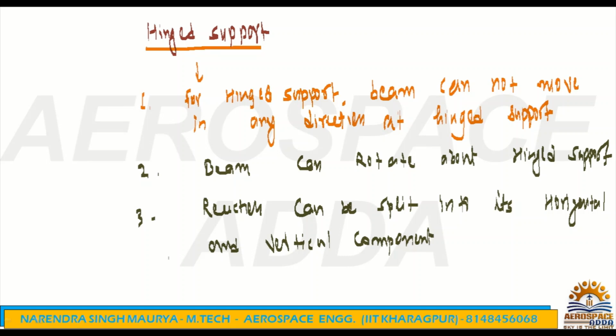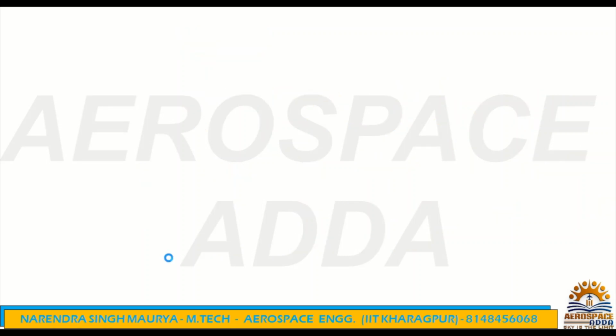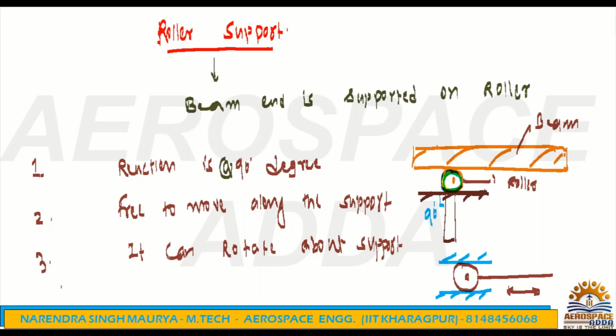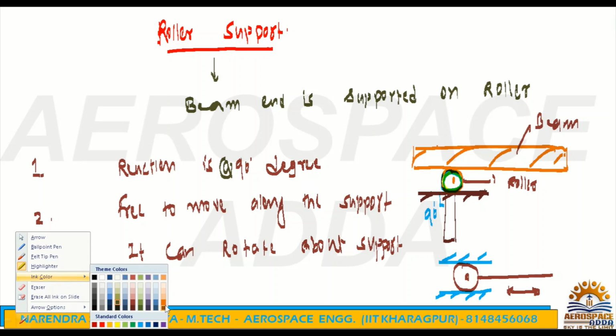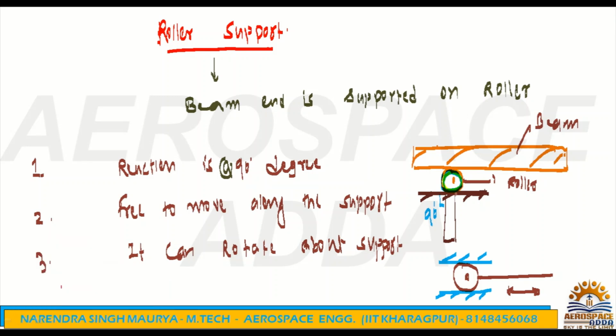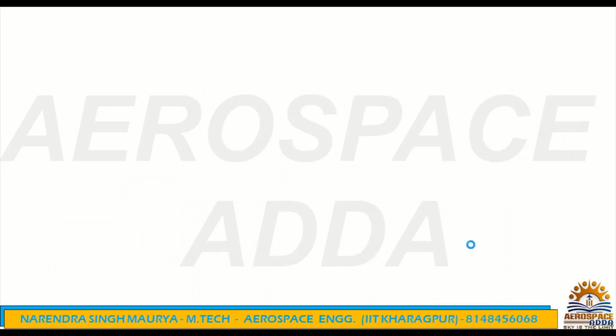Here, if you see the reaction, you cannot split it into horizontal and vertical because only one component is there, that is at 90 degrees. Only the vertical component is possible. If I remove the roller and just show the reaction force, the reaction will be only vertical, just 90. There is no horizontal component of the reaction.